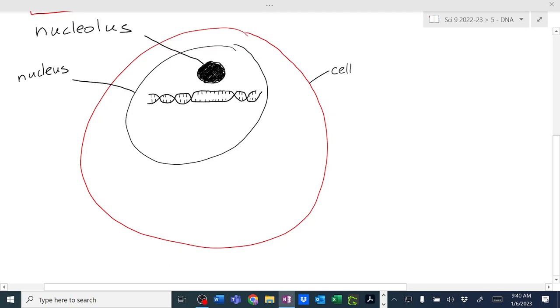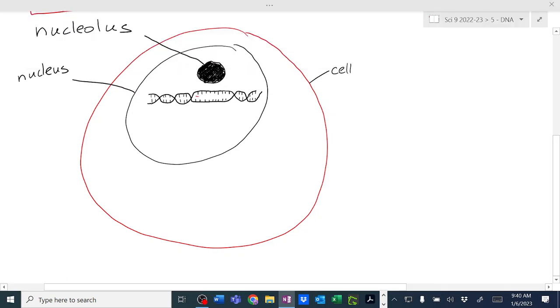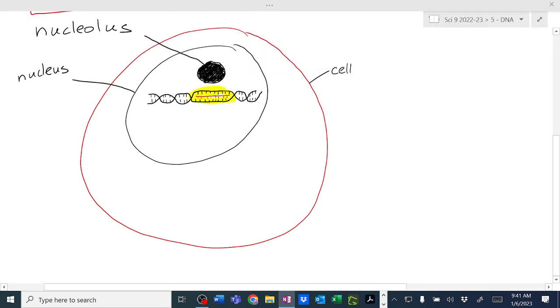And the reason I should have made it bigger is that I need to now draw an RNA copy in there. So I'm actually going to take this little bit here and blow it up. Okay, that little bit there, I'm going to blow it up over here so that you can see what's going on.